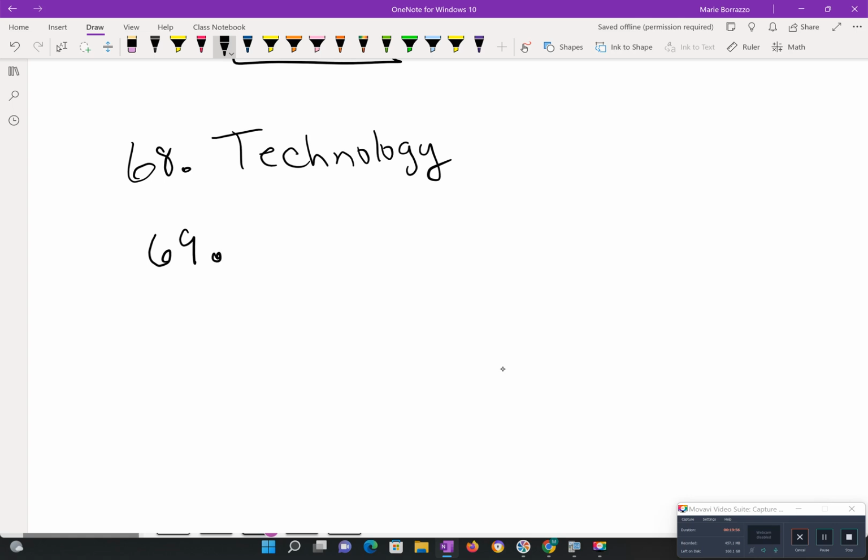For 69, it says the rate of flow of a continuous income stream is given by f of t is equal to 1 over t plus 1. They want to find the total income produced in the first 30 days. So we're looking at t of 30.